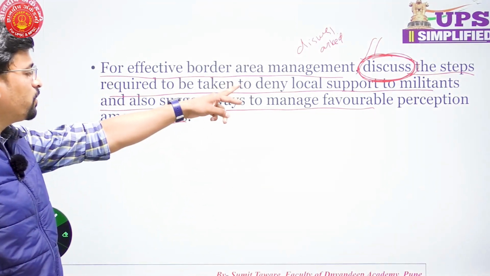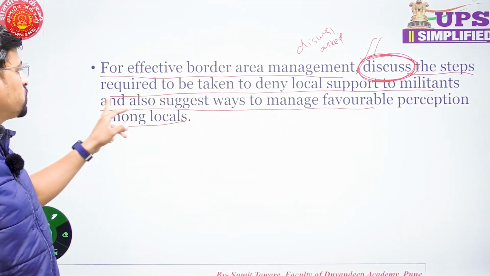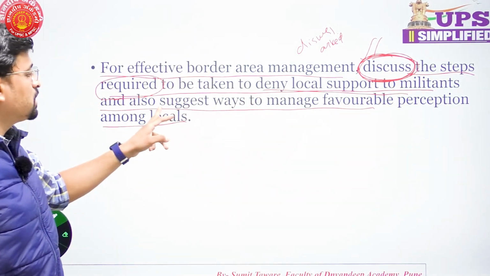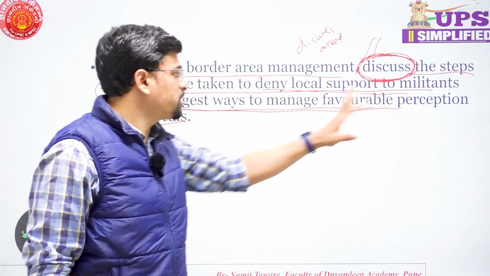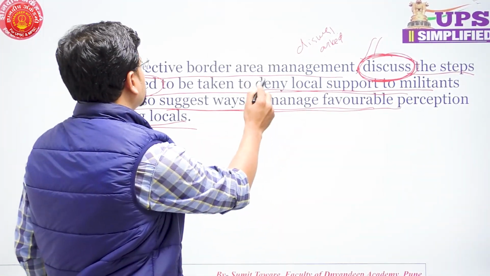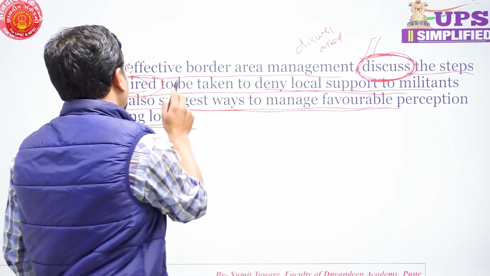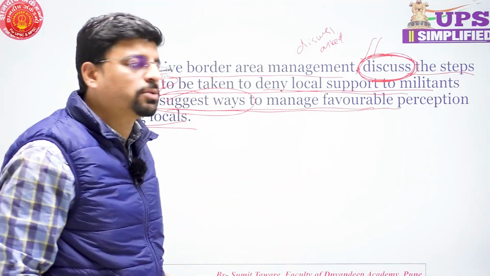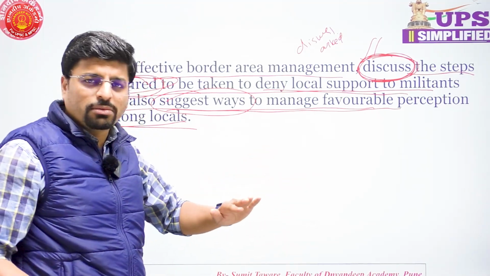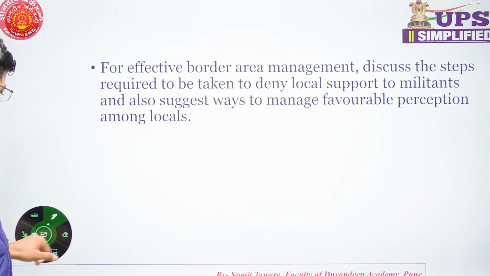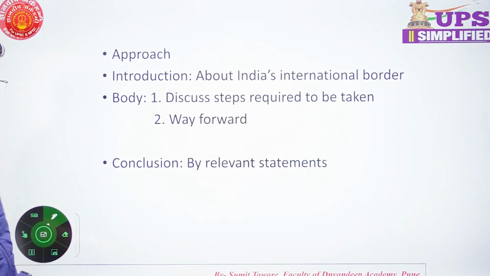Here they have directly asked what steps need to be taken to deny local support to militants and to suggest ways to manage favorable perception among locals. So the first part of this question is steps required, and the second is suggest ways. It's a straightforward 10 marker question. We don't have any complexity in this question. So we will see how to approach it.